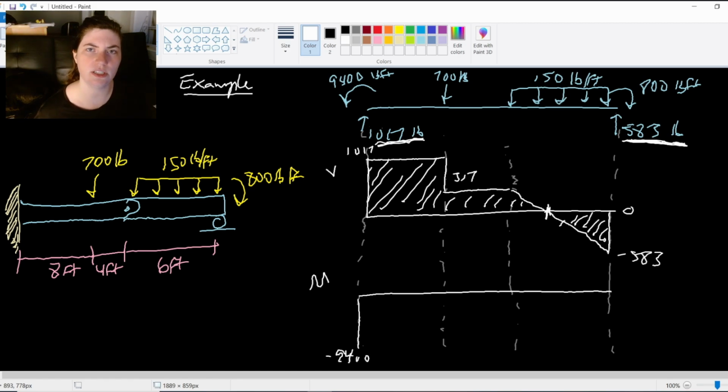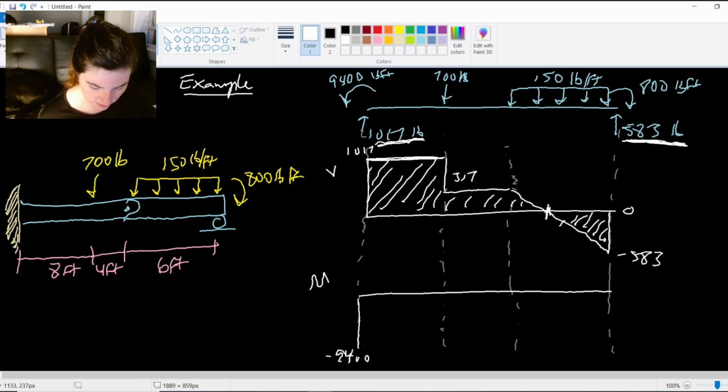This is the first example we've seen that has a moment that doesn't start at 0, because of that applied moment. Then by calculus rules, we know that our shear value becomes the slope value. So our moment has a slope of positive 1017, going up over this full distance.